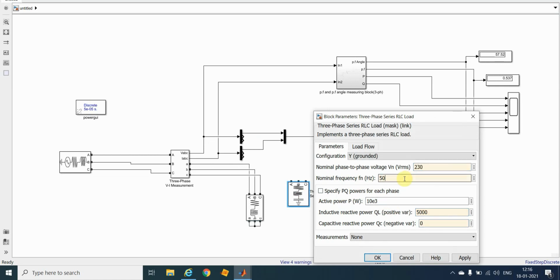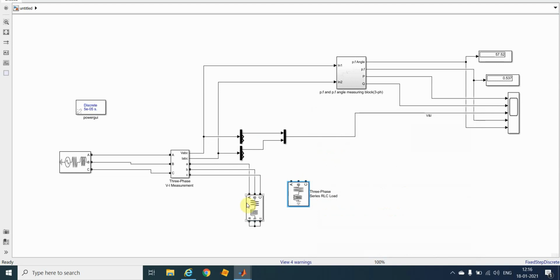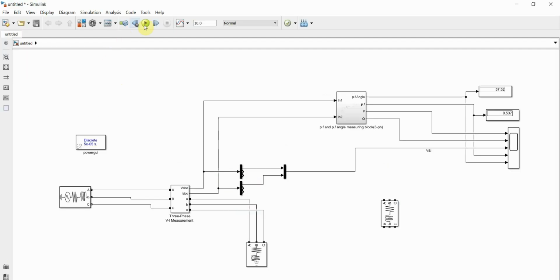Here I will use 50 Hz. I will remove this just to verify, so that you people will not get any confusion. Just connect it here and run it.